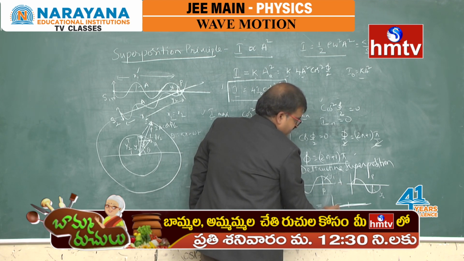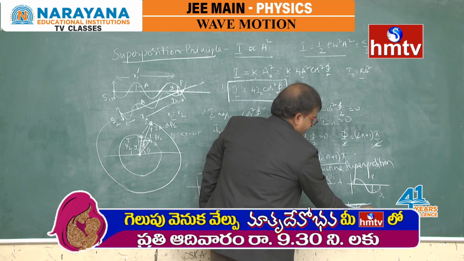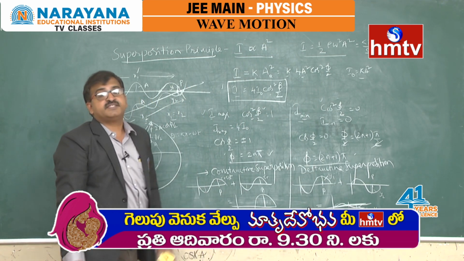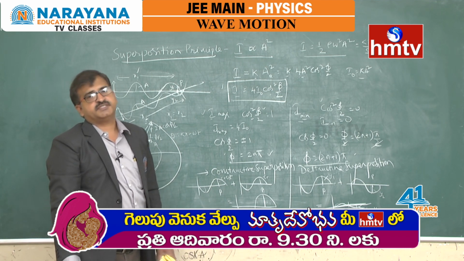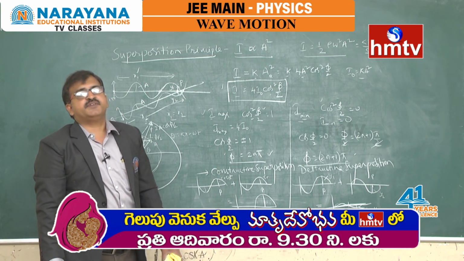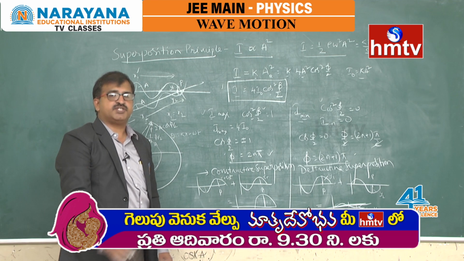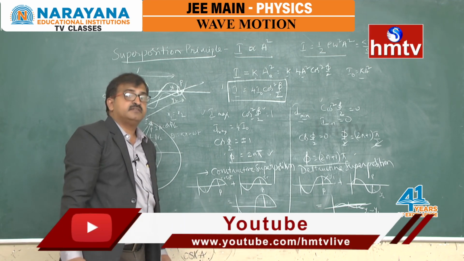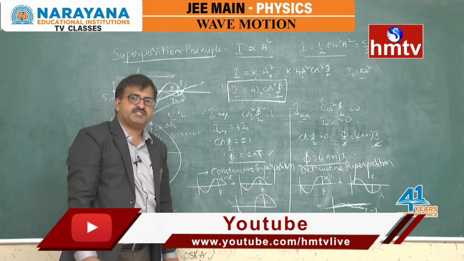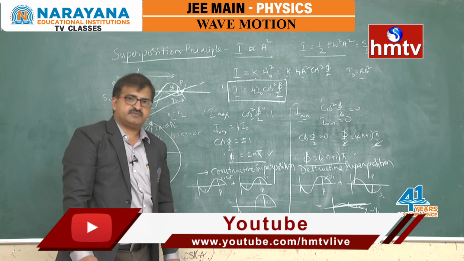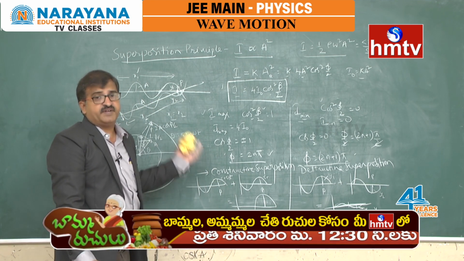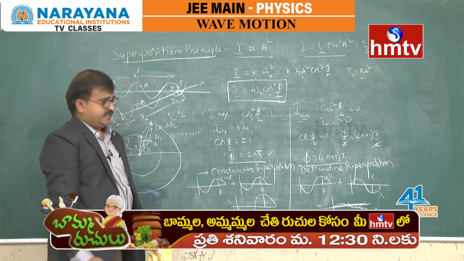This is called destructive superposition. So the phase difference between the two waves on reaching that particular point P is the deciding factor whether it is constructive or destructive superposition. Sometimes it may be completely constructive, sometimes not. Different points will be in different cases.